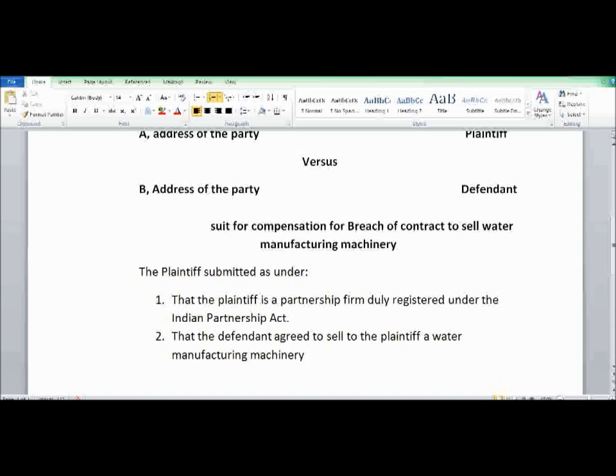Okay, now we have written that the defendant has agreed to sell the machinery to the plaintiff.